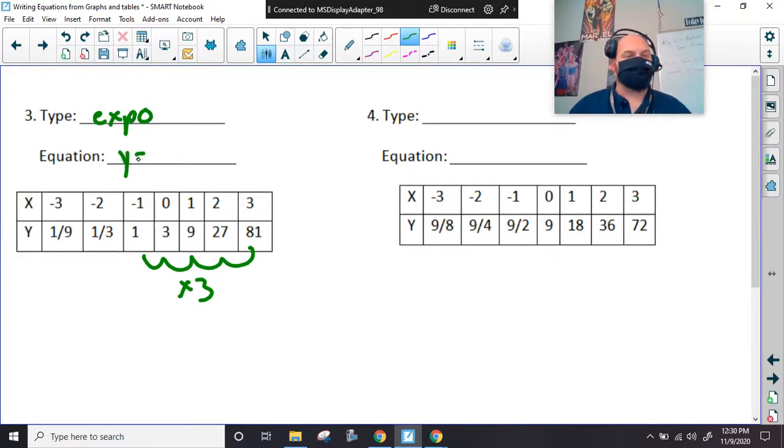And this 3 is our R, or our growth value. So that's what goes in the parentheses raised to the x power. Okay. Now, to find our a sub 0 or whatever, that's our y-intercept. So what's our y value when x is 0? 3.